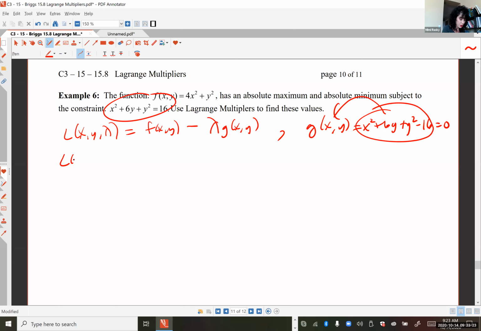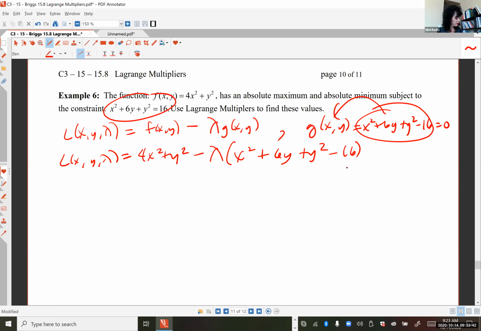Okay, so now here's your Lagrangian. So you're going to go 4x squared plus y squared minus lambda times the big old constraint.